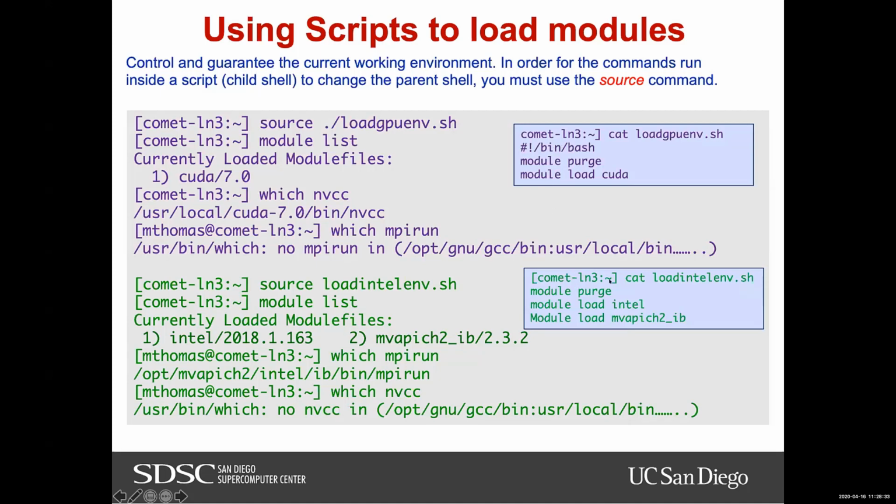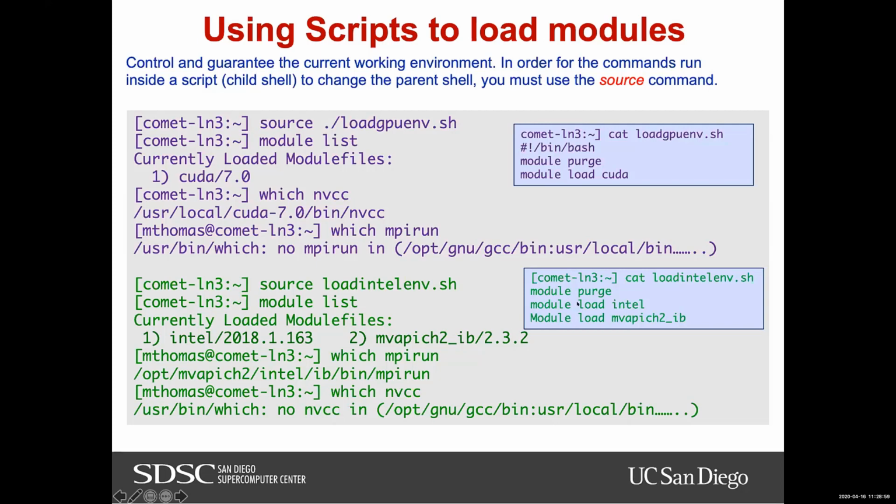But now if I load the Intel environment, I purge everything, I source this script, and I list my modules, and yes, I've got the default Intel and MVAPICH2, and I can find mpirun in the MVAPICH2 opt directories. That's what I want to use. I don't want PGI, I'm trying to use Intel, and I can't find NVCC any longer.